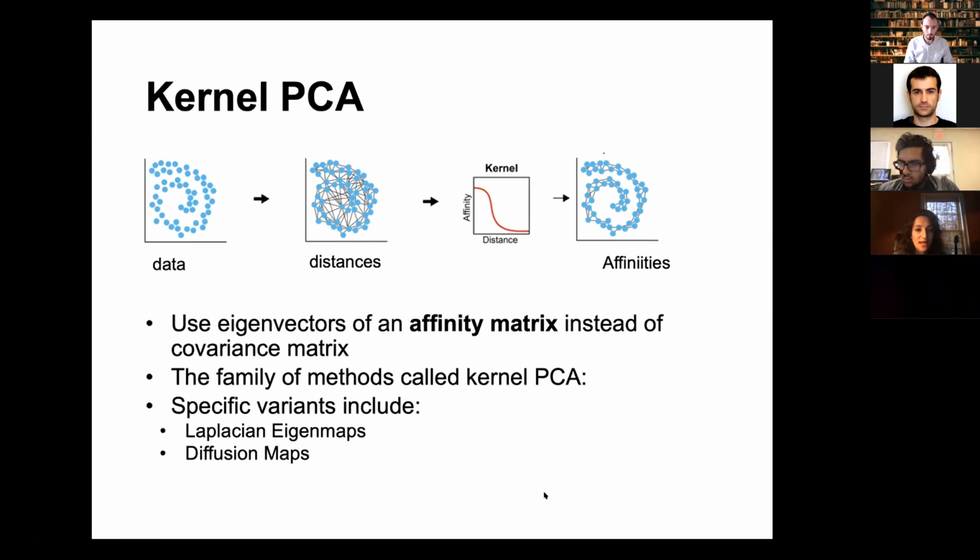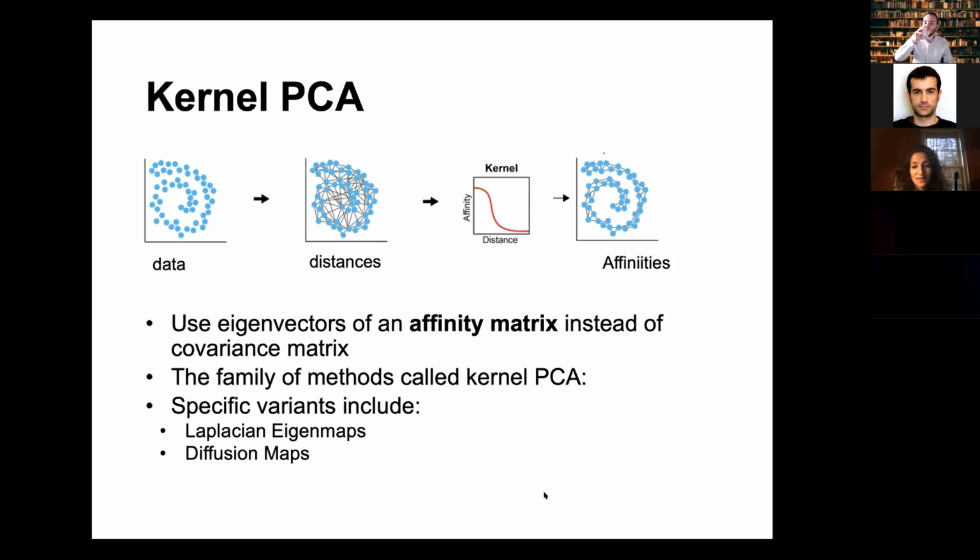Kernel PCA is sort of a nonlinear extension of PCA, where instead of using the covariance matrix, you use an affinity matrix. The very tricky thing is kernel PCA is actually a nonlinear extension of something called multidimensional scaling, where you're looking at inner products between points instead of features. So it's like turning the matrix to the side, where you have observations by observations and looking at the eigenvectors of that.